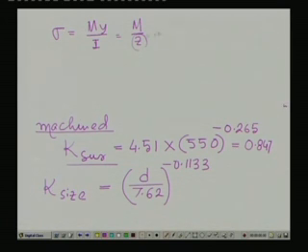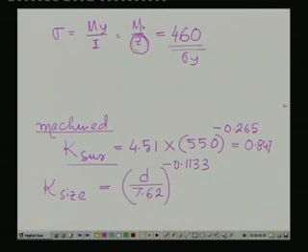What should be the value of sigma? Let us take sigma equal to 460, which is the yield point of the material, from which we can find the value of Z.